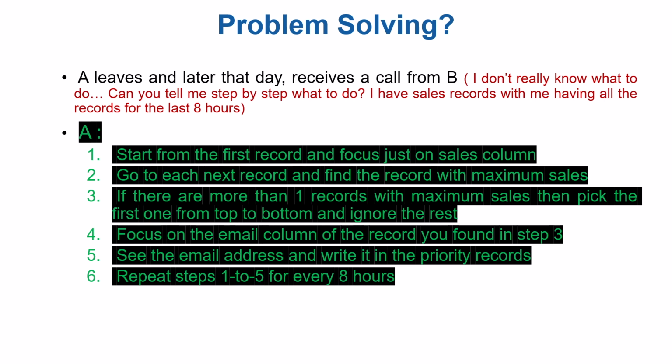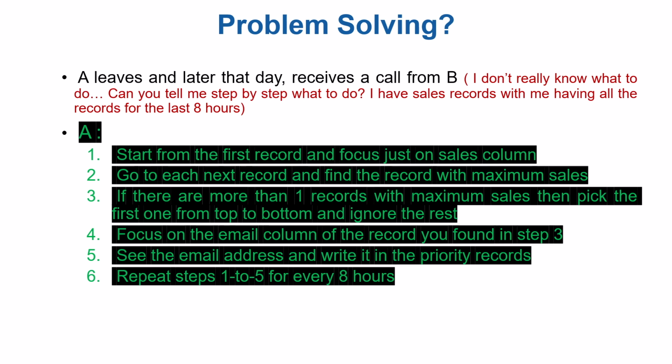You see the solution A is communicating to B in these kinds of steps. It gives a precise idea of what to do. Still, there may be some questions that B may be asking. For example, B may ask how to find out a maximum. B might be a person who doesn't know how to find out the maximum.